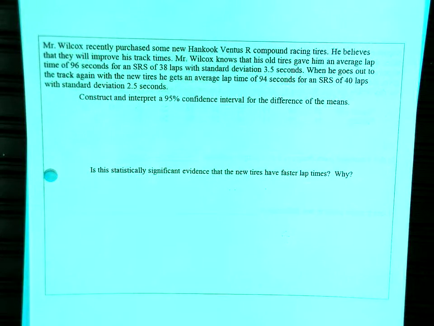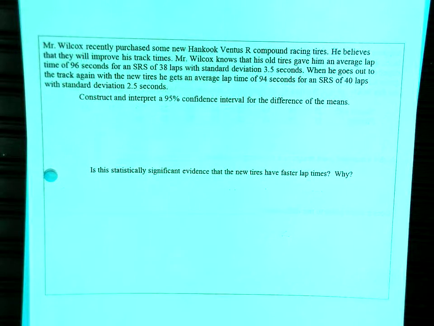When he goes out to the track again with the new tires, he gets an average lap time of 94 seconds for an SRS of 40 laps with a standard deviation of 2.5 seconds. Construct and interpret a 95% confidence interval for the difference of means.